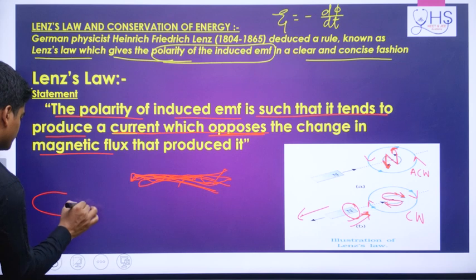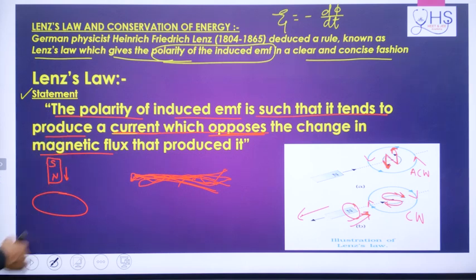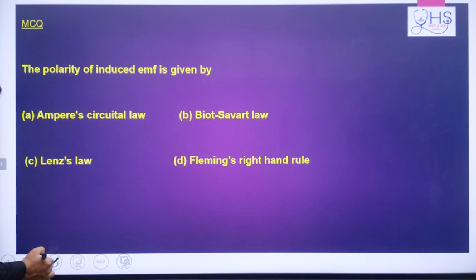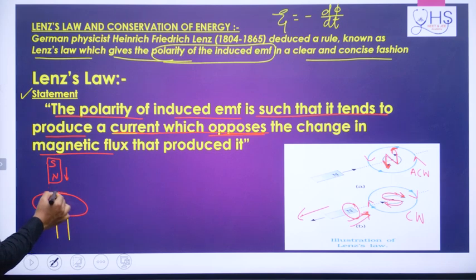See this picture correctly. Here one magnet is coming, suppose north and south. The magnet is coming, so this coil will produce another magnet like this. This side will be north and this side will be south, so that it repels the magnet.